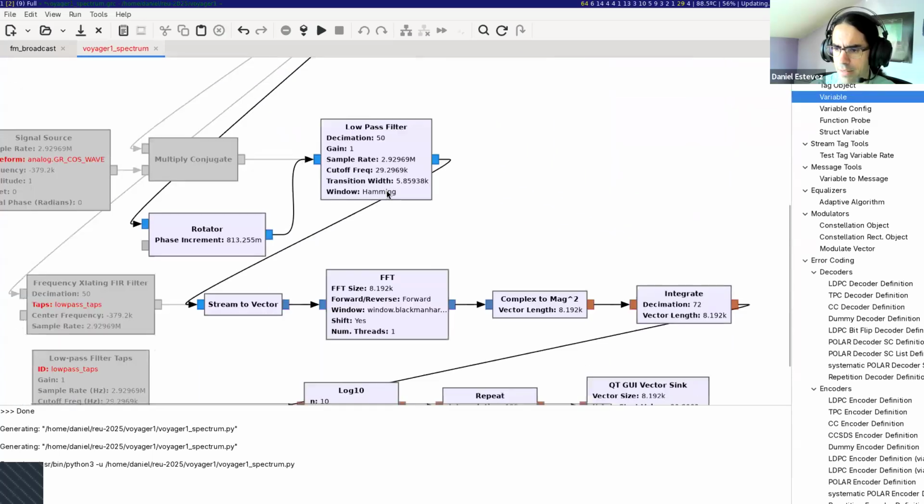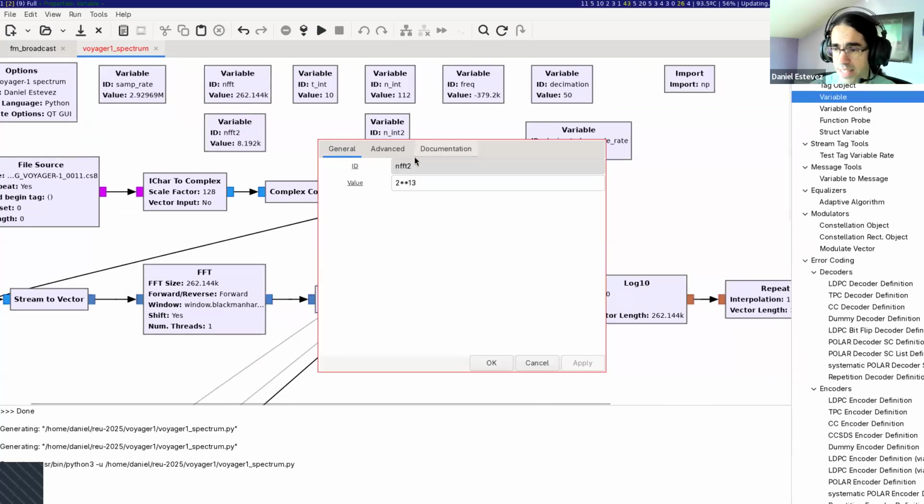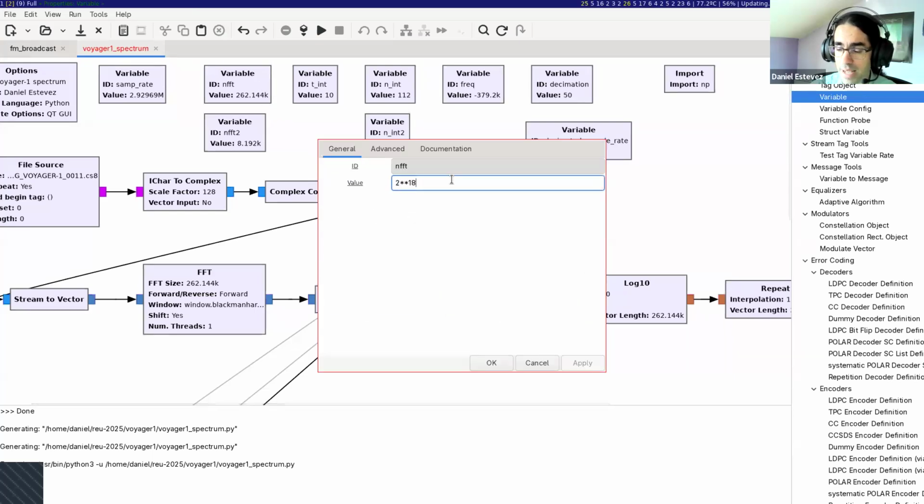But now I'm decimating by 50, so the sample rate is less. To achieve the same frequency resolution, I should use a smaller FFT size. So to have exactly the same resolution, I would need to divide 2 to the power 18 by 50, but that is not a power of 2.